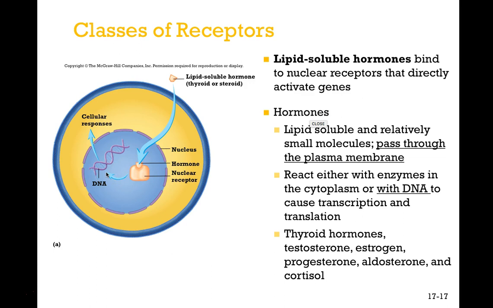Our hormones that can do this, like we already mentioned, would be lipid-soluble hormones, but we can also have smaller molecules do this as well. They are able to react with enzymes in the cytoplasm, or they can react with DNA to cause transcription and translation. Remember that transcription would be creating that mRNA strand, and translation would be the reading of that mRNA strand to create a protein.